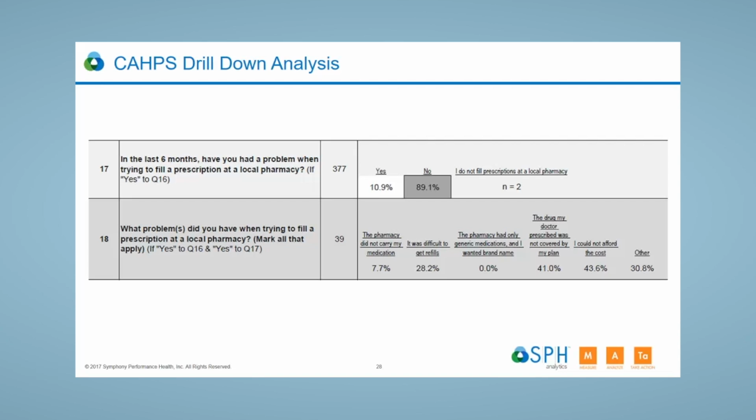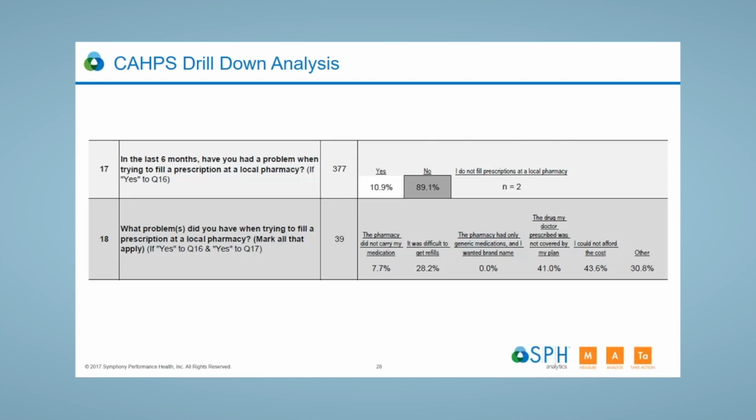So we said, have you had a problem when filling a prescription at the local pharmacy? Majority of people said no, around 90%. That doesn't seem to be a major issue. But we did ask them if they had problems in filling a prescription, so that's the 10.9%. We said, what were those problems?